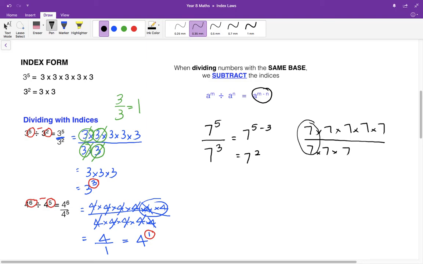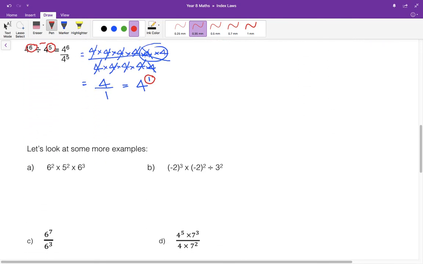Okay, let's do some cancelling. 7 divided by 7 is 1. 7 divided by 7 is 1. And 7 divided by 7 is 1. And we are right. We are just left with 7 times 7, which is 7 squared. So when we're dividing with the same base, we can just subtract those powers or those indices to simplify our answer.